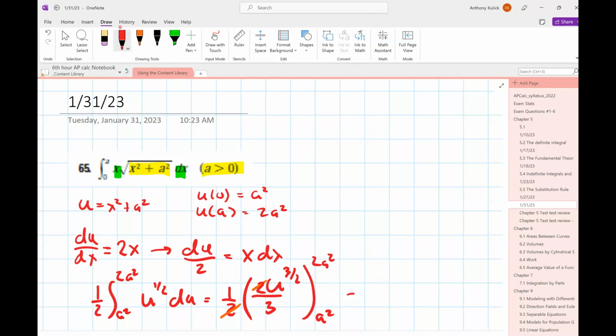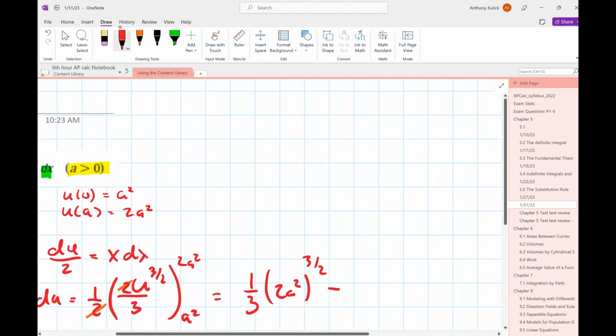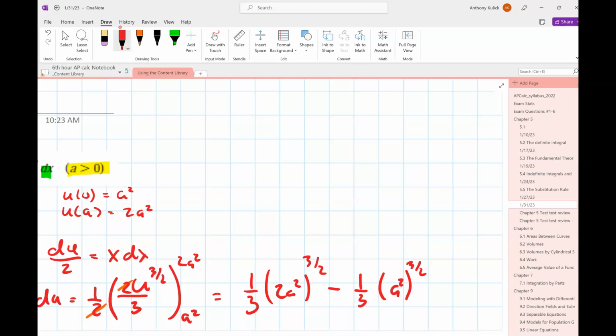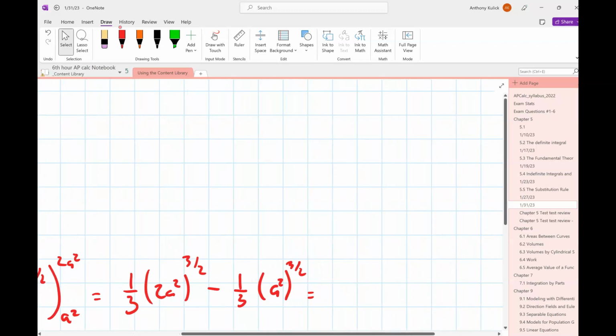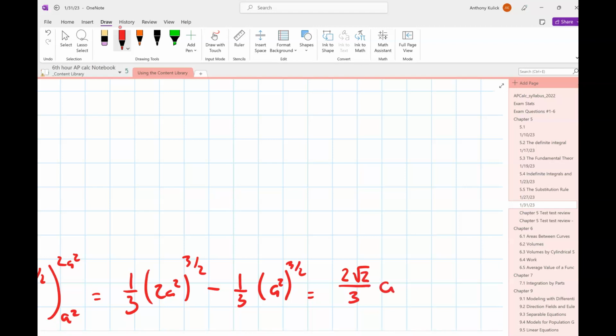So those can reduce. So I have 1/3 times 2a squared to the 3/2 minus 1/3 of a squared to the 3/2. So that's going to be, let's see, 2 square root 2 over 3 a to the 3rd minus 1/3 a to the 3rd.